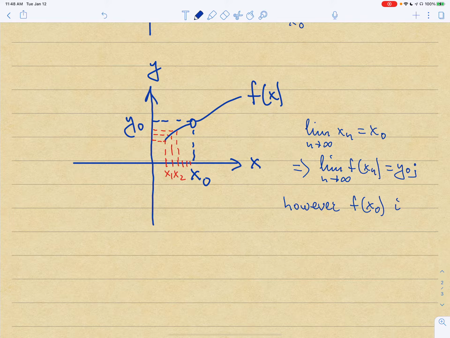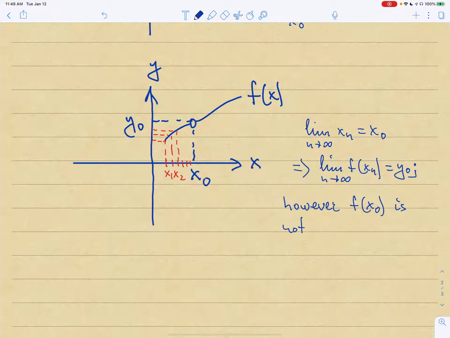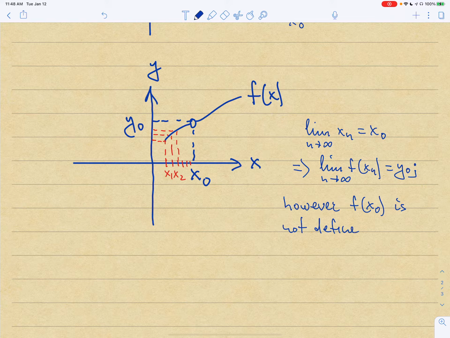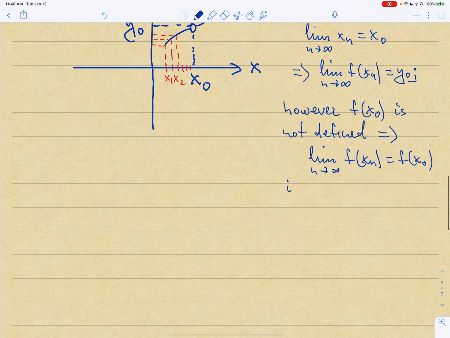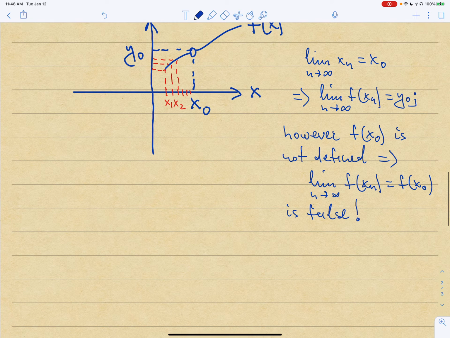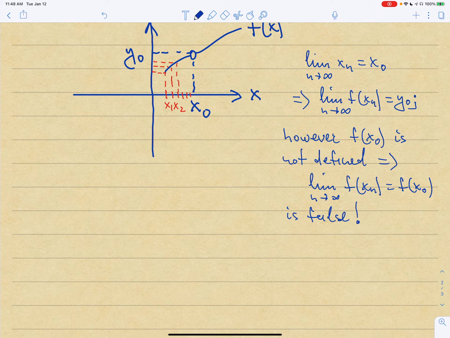So f of x0 is not defined, and so therefore the statement that the limit as n goes to infinity of f of xn equals f of x0 is false. Right, and so if I can find one sequence for which the limit of f of xn is not equal to f of x0, then the function is not continuous, because in my definition I said for all sequences it should be true.